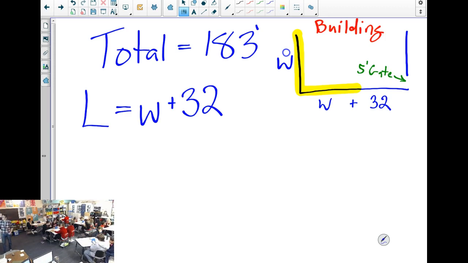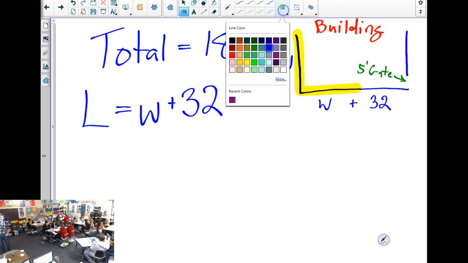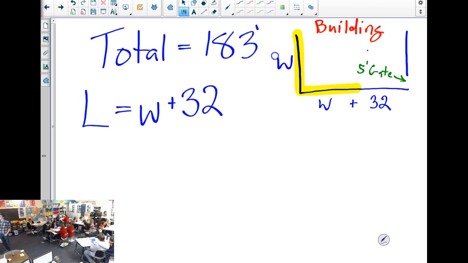Minus 6. No, we aren't. We're looking to find out the length of the fences. Area.